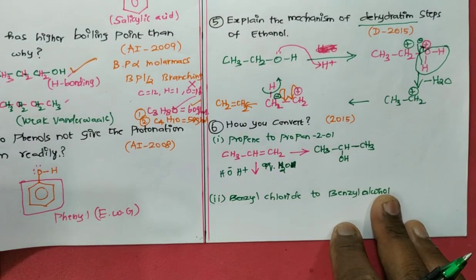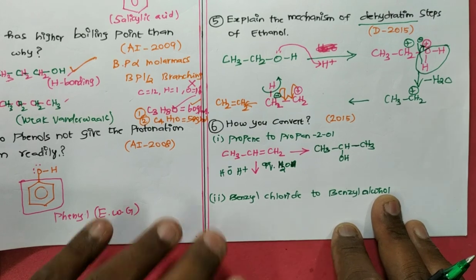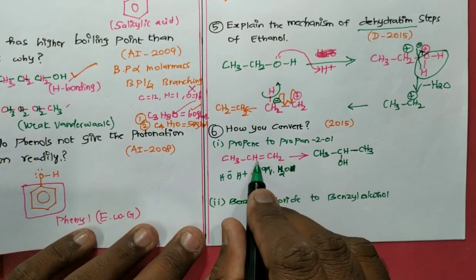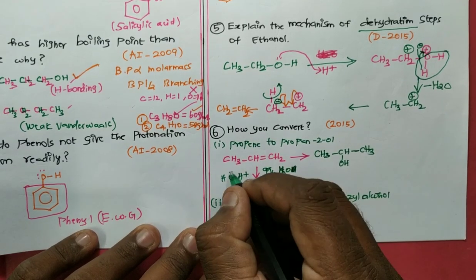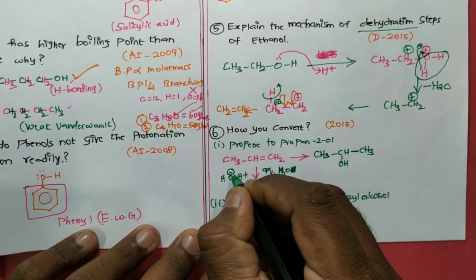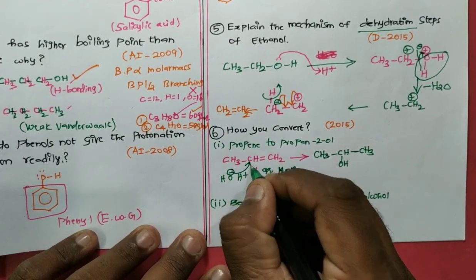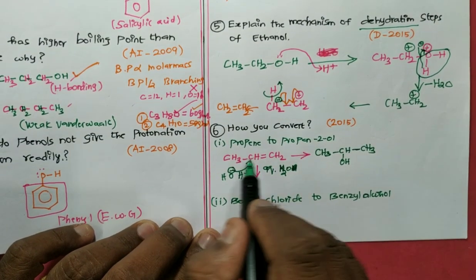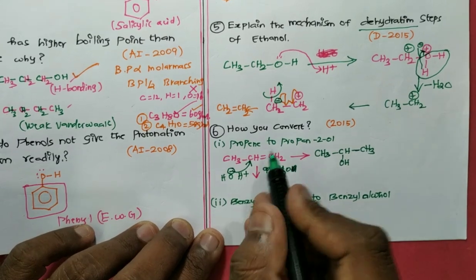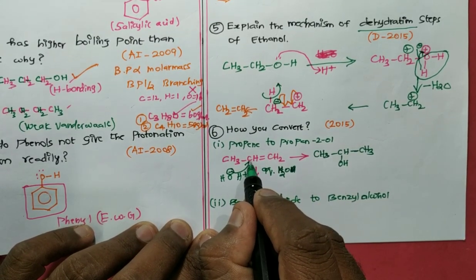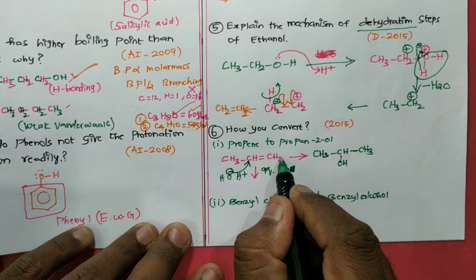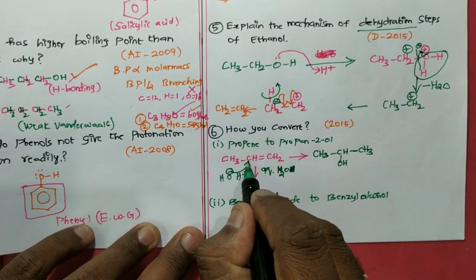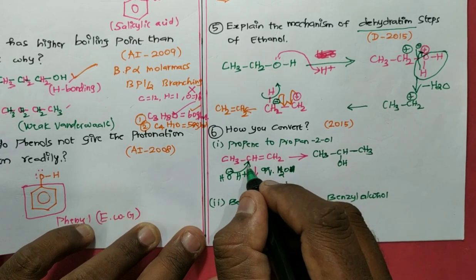Why do we follow the Markovnikov rule? Because here the alkene is an unsymmetrical alkene. The negative entity will approach the carbon with the lesser number of hydrogens among the double-bonded carbons. Here this carbon has one hydrogen and this carbon has two hydrogen atoms, so the negative entity will go where the lesser number of hydrogen atoms is present.